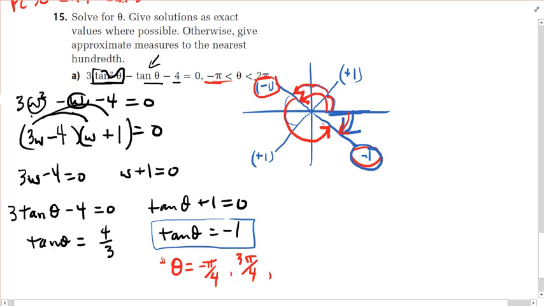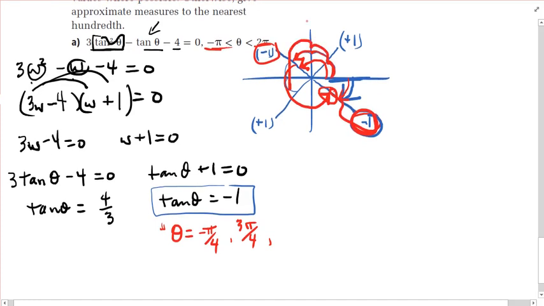And then if we keep going over to this one again, where we see it's negative 1, so we got 1 pi over 4, 2 pi over 4, 3 pi over 4, oops, 4 pi over 4, 5 pi over 4, 6 pi over 4, and 7 pi over 4. Okay, so that takes us from negative pi all the way through to positive 2 pi for this factor.